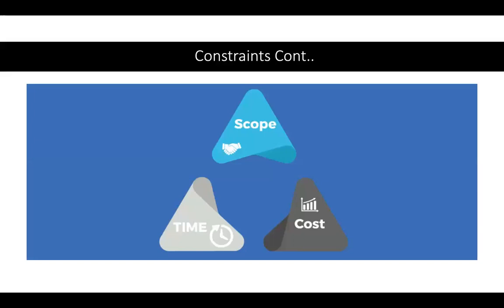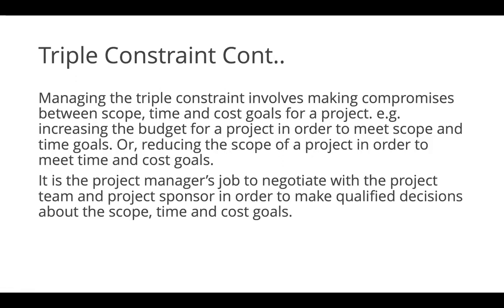These are the ones: the scope, time goal, and the cost goal. Those are the triple constraints. Managing the triple constraints involves making compromises between scope, time, and cost goals of the project.